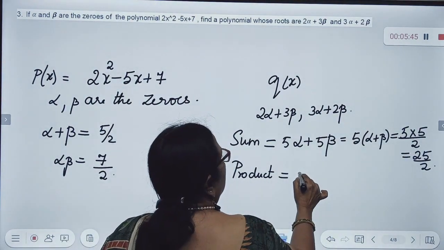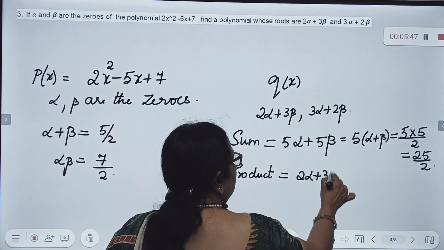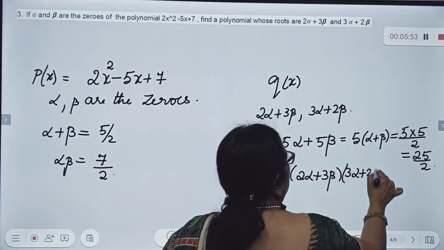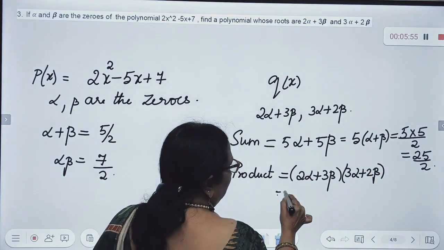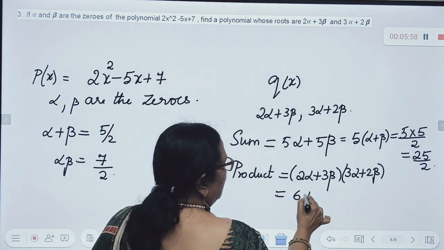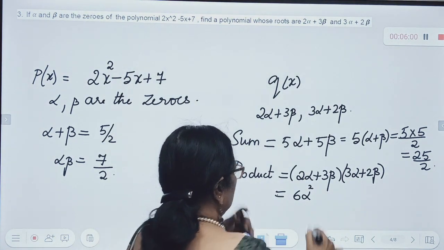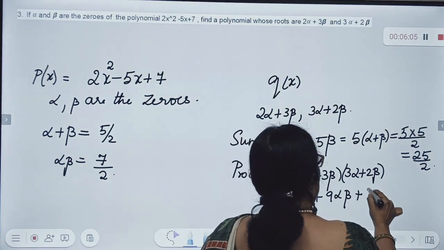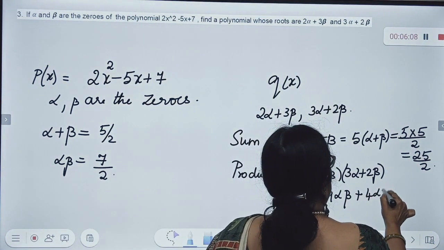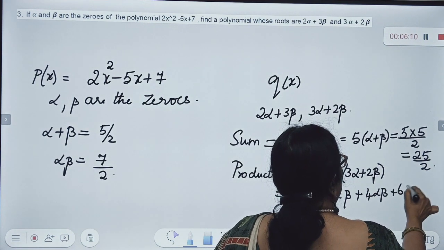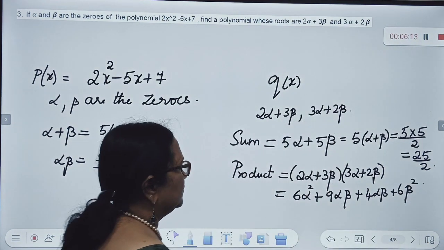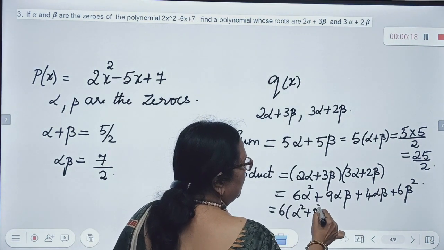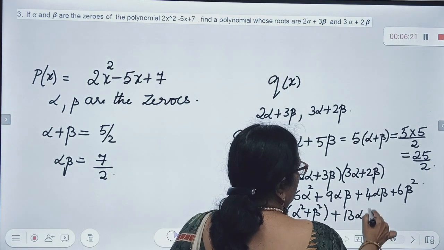Product will be 2 alpha plus 3 beta into 3 alpha plus 2 beta. So when I multiply this, I will get 6 alpha square plus 9 alpha beta plus 4 alpha beta plus 6 beta square. This is 6 into alpha square plus beta square plus 13 times alpha beta.